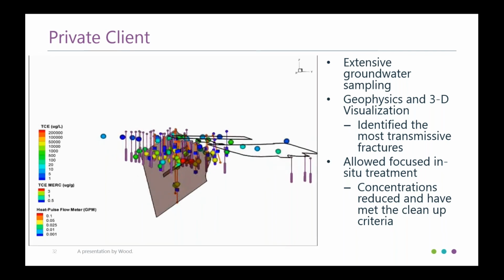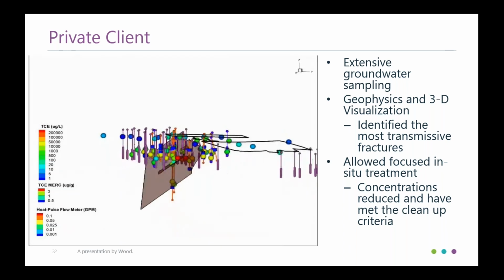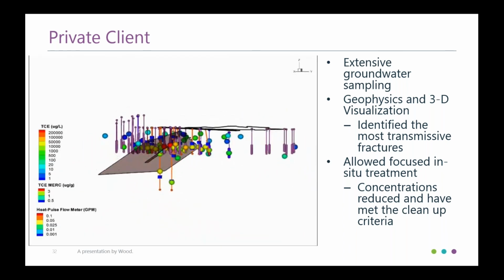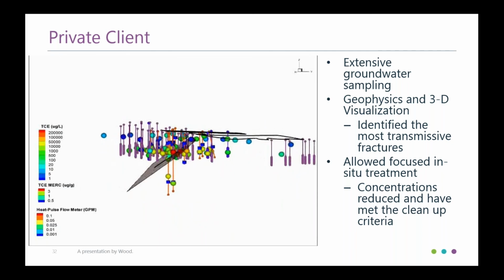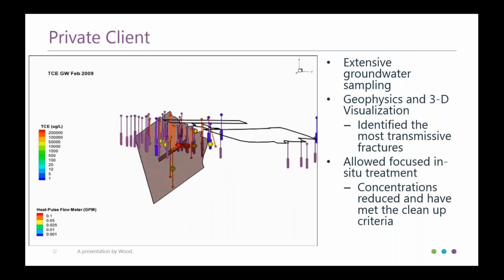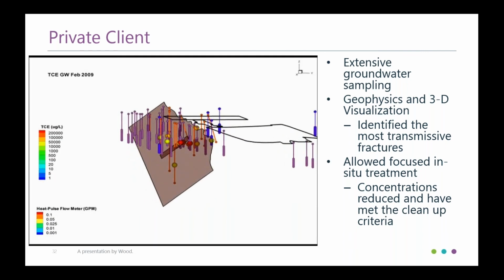So going through all of this allowed the technical team to really understand where that was, and they were able to do their injections right at the problem. A couple more things. These structures that are showing up now are trenches where they believe the contaminants were discharged.